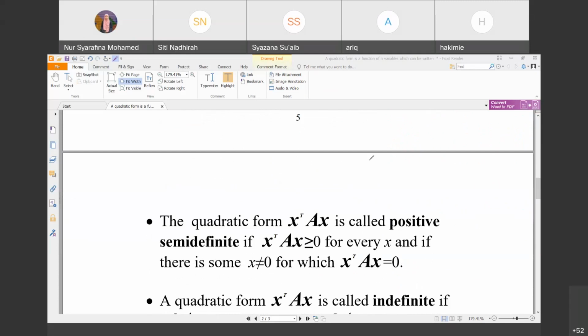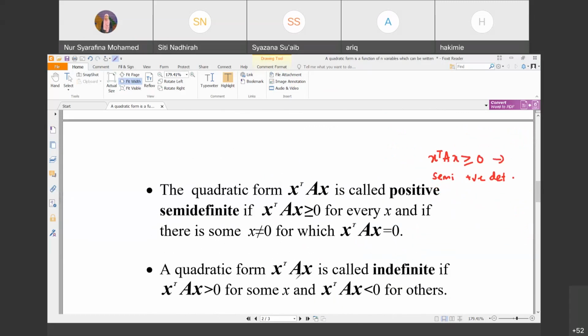So when x^T A x is greater than or equal to 0, then we call it positive semi-definite. Okay, and a quadratic form x transpose A x is called indefinite if x^T A x is greater than 0 for some x and x^T A x is less than 0 for others.